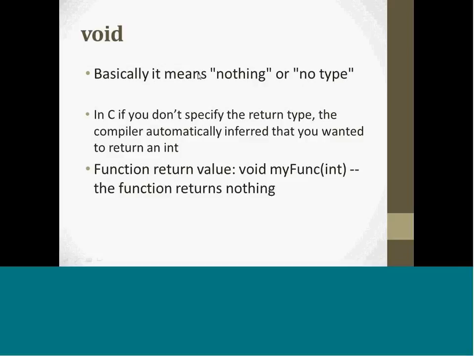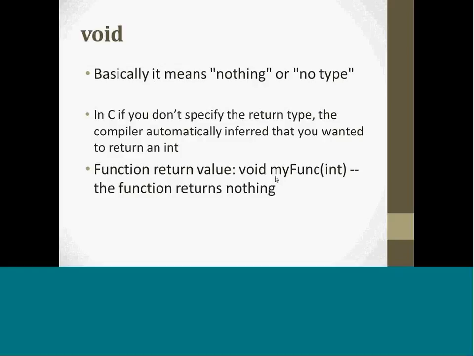Void basically means nothing, no type. So why do we need a data type like this? For example, suppose we have a function, and we will talk about functions later, with the name myfunction, and I put the return type of the function as void, which means I don't want any return from the function. Like in our previous code, we just print out hello world on the screen.